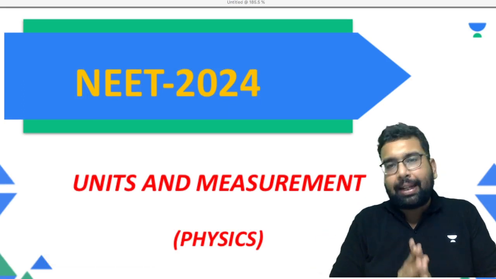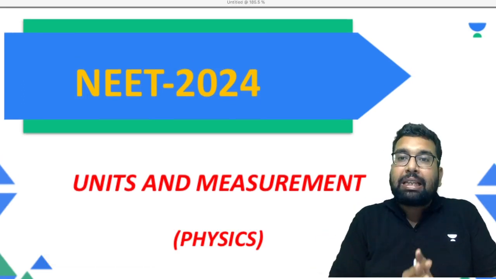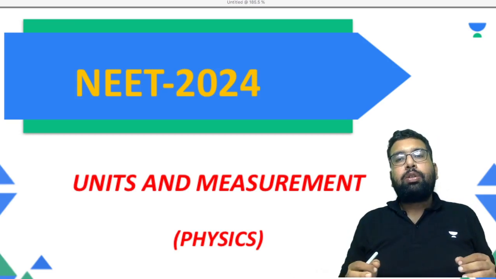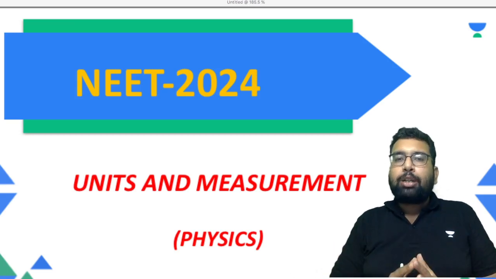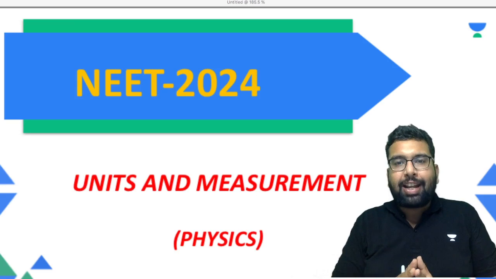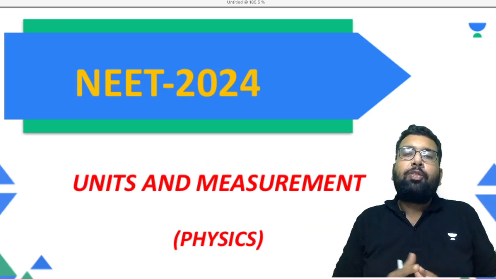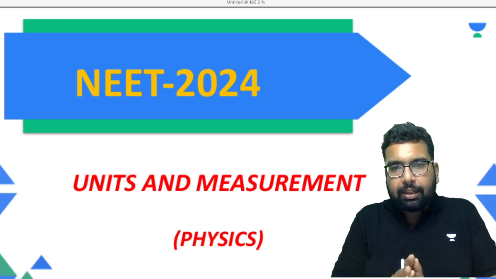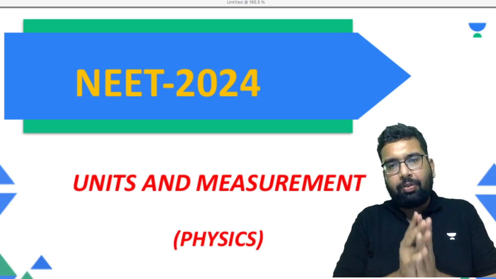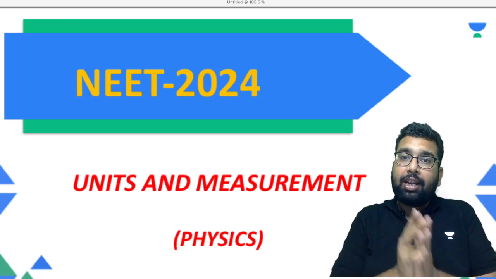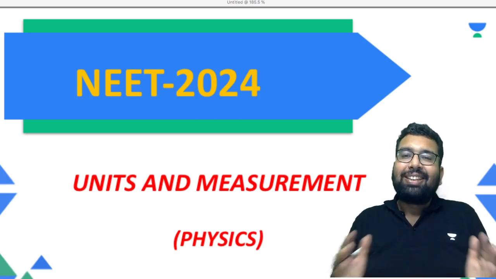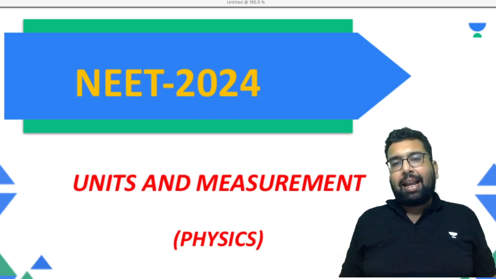I am here to solve some previous year questions from the topic of error analysis. Previously we have done previous year questions from the topics of principle of dimensional homogeneity, dimensions, and forming the formula between physical quantities. In this session, we are going to solve some very important problems of error analysis.